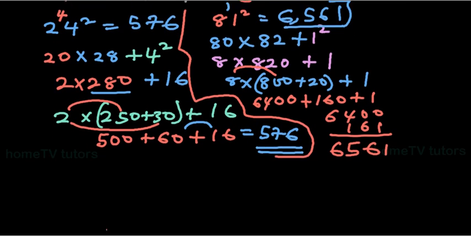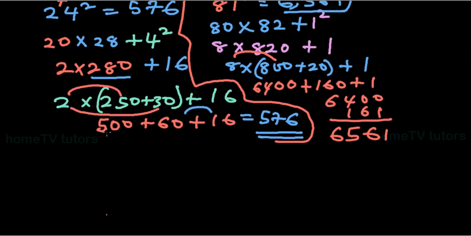Alright, what about when the nearest 10 is higher? This is what I mean. If we have 58 square, how do we go about it? The nearest 10 of this is now something that is higher than the number itself, which is 60. Okay, so the difference between 58 and 60 is 2.